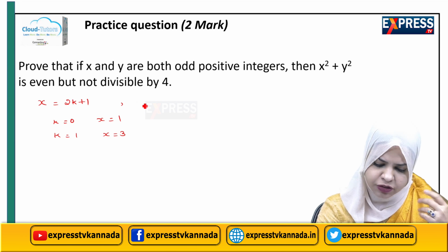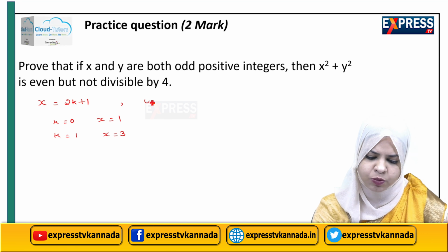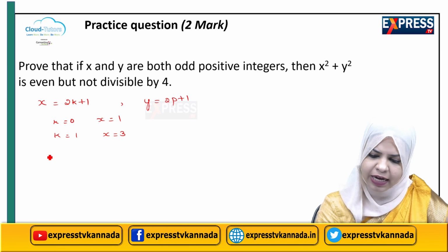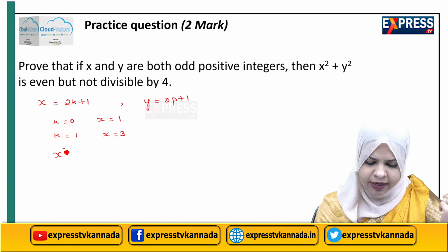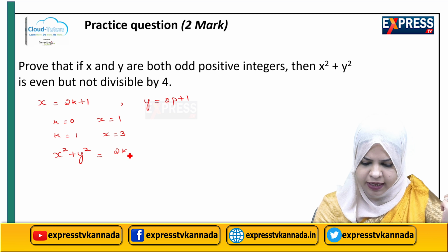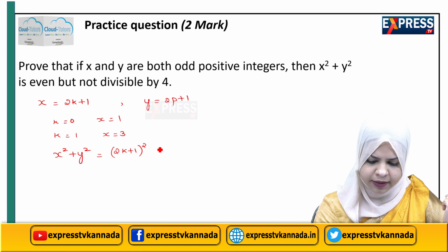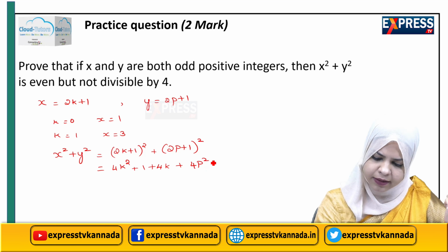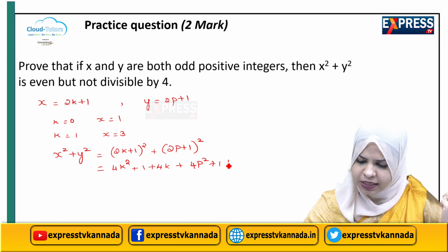So x is equal to 2k plus 1, and let y is equal to 2p plus 1. Now let's square them. So x square plus y square is equal to 2k plus 1 the whole square plus 2p plus 1 the whole square. Let's expand them. So it is 4k square plus 1 plus 4k plus 4p square plus 1 plus 4p.